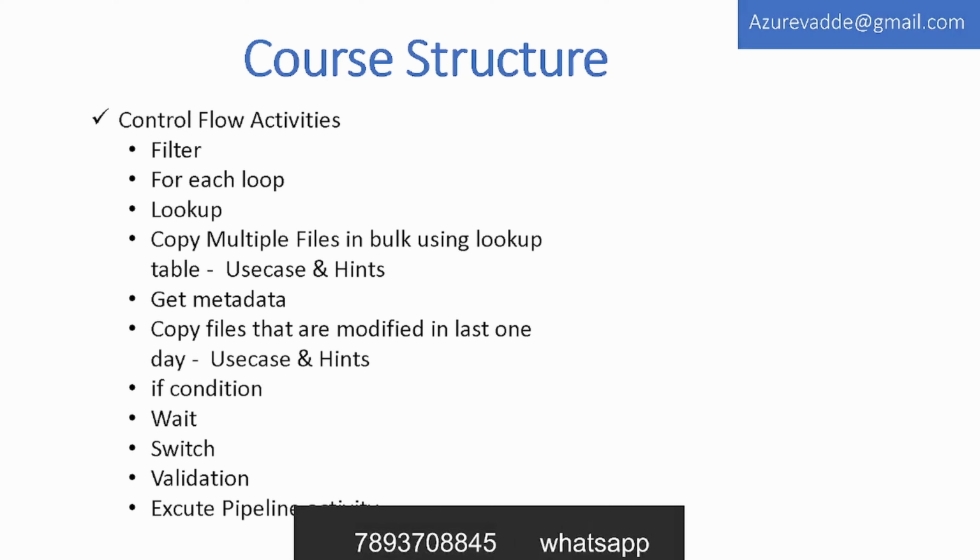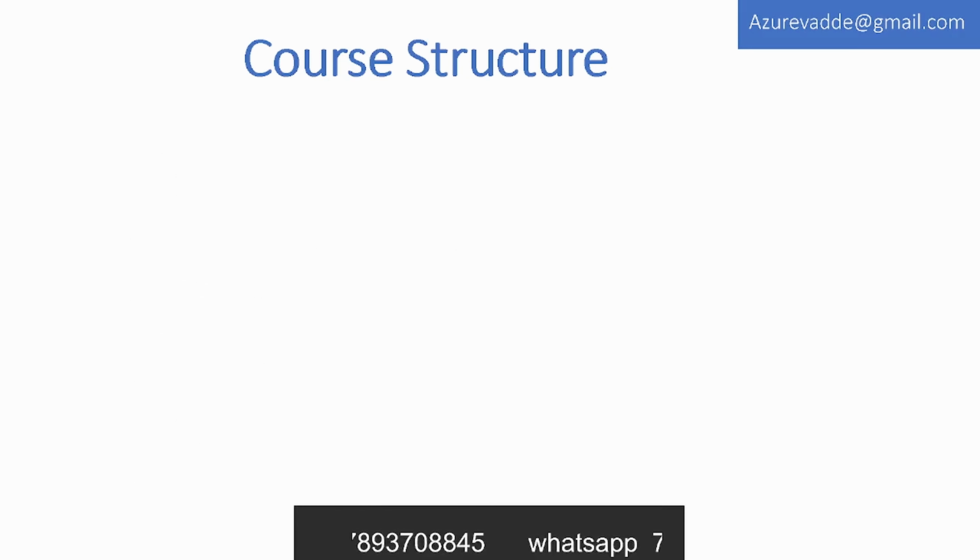Next is control flow activities. Control flow activities will help you build flexible pipelines that will process different kinds of data in a customized way. Next are some of the important pipeline activities.